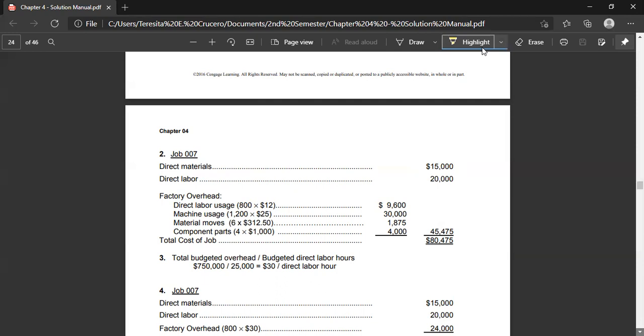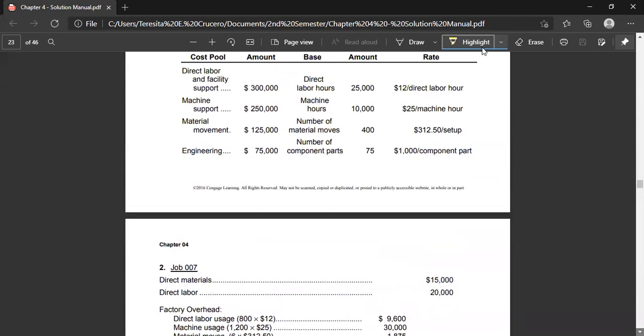So job 007 has a direct material cost of 15,000 and direct labor of 20,000. Then we have factory overhead using the rates above. We use the rate of 12 computed above based on direct labor for the 800 direct labor hours.